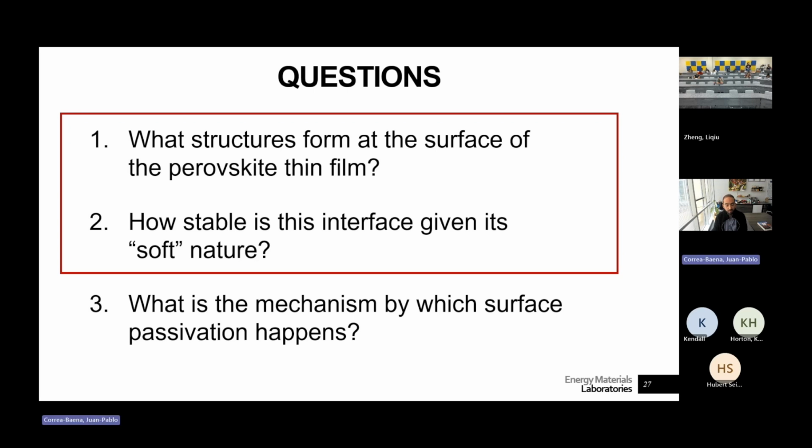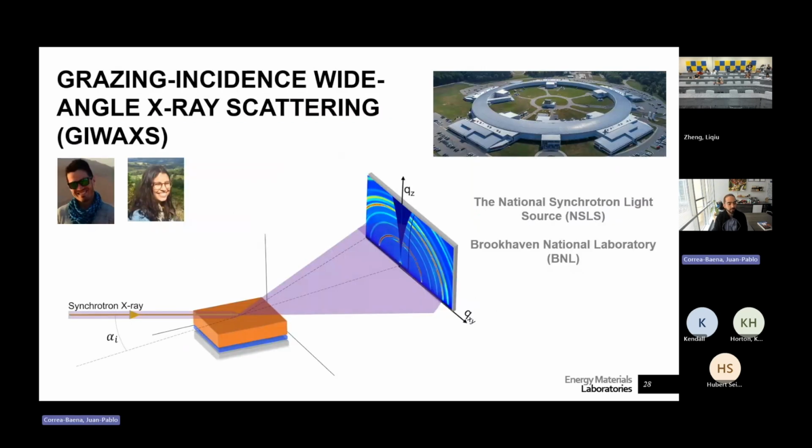For us to look at the structural surface of a material, we go to another synchrotron beamline. This is at Brookhaven National Lab in New York. We go to the National Synchrotron Light Source II, NSLS-II, where we bombard our material again with X-rays, but at very, very shallow angles.